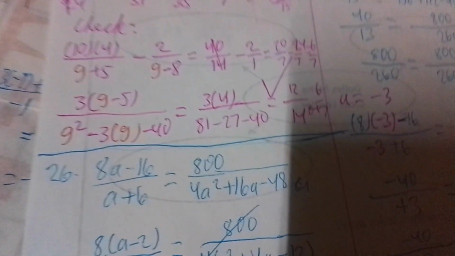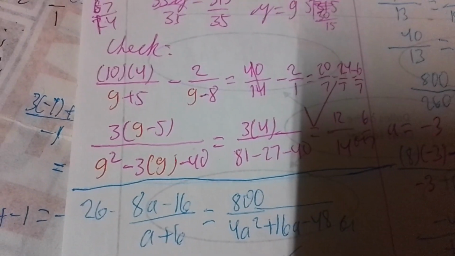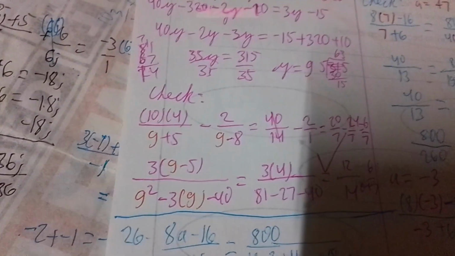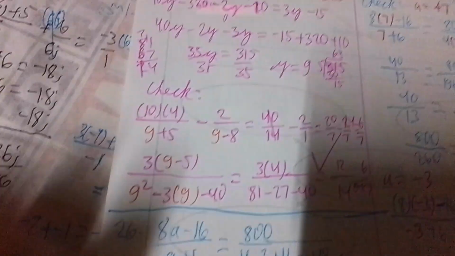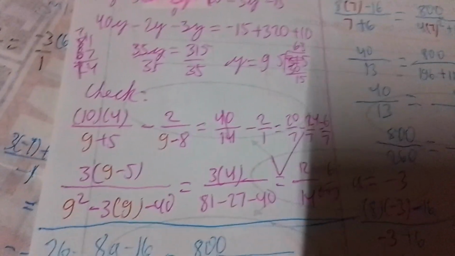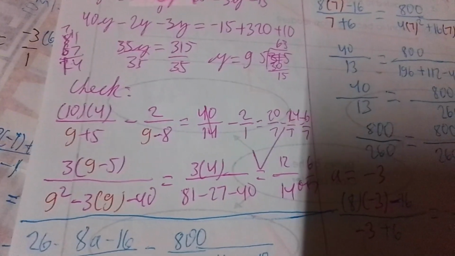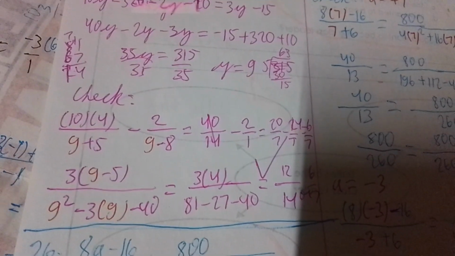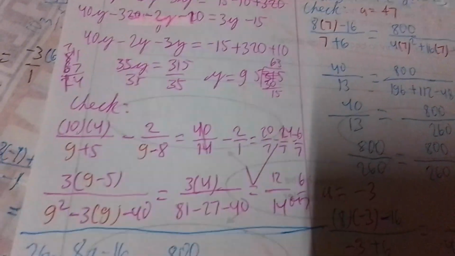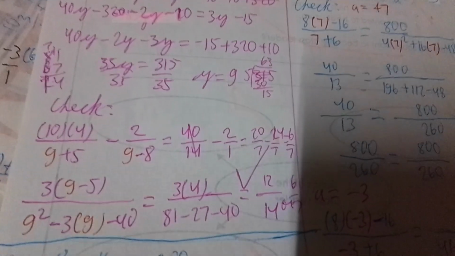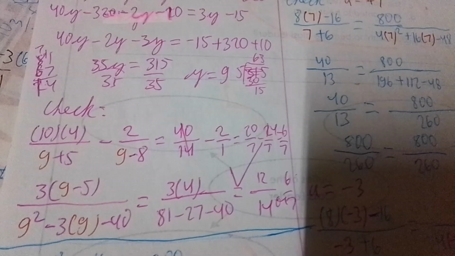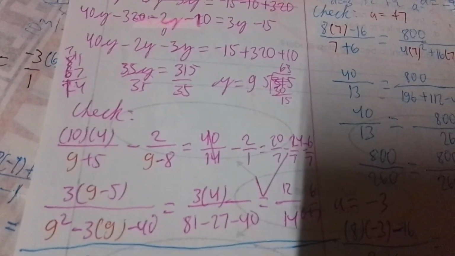On the other hand, remember we have 3 times y minus 5. So this is 9 minus 5, which is 4. Multiply that, you get 12. On the base, we have 9 squared, which is 81. This becomes negative 27 minus 40. 81 minus 27 equals, what is that?